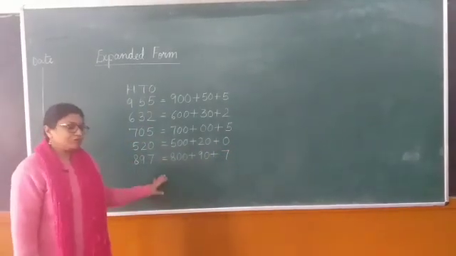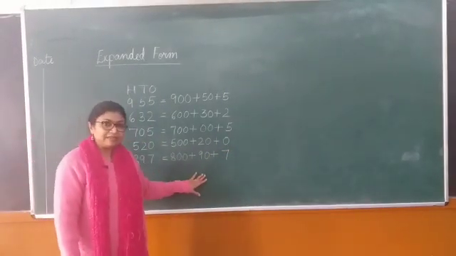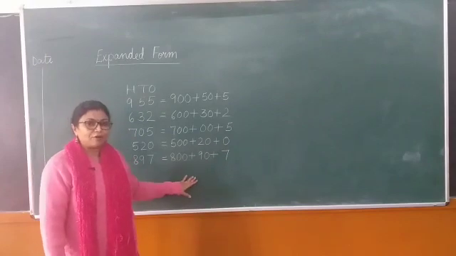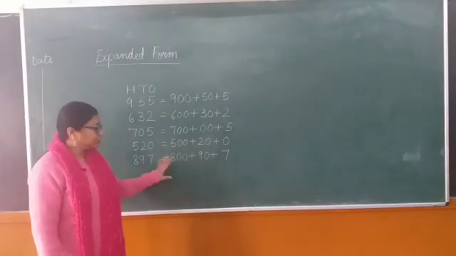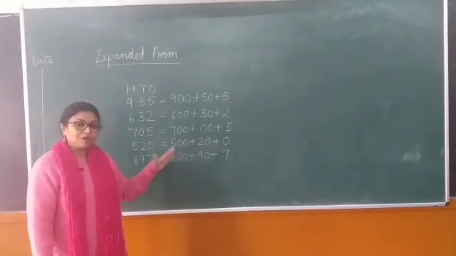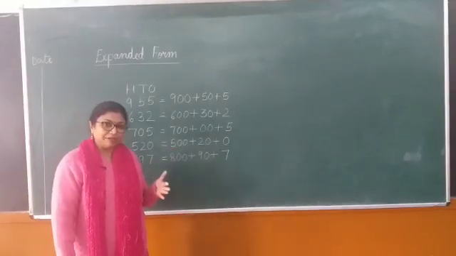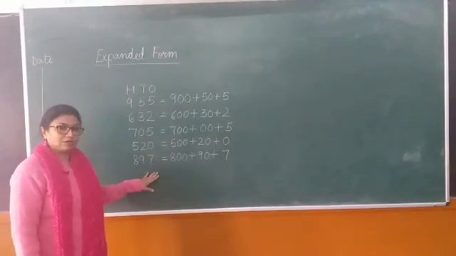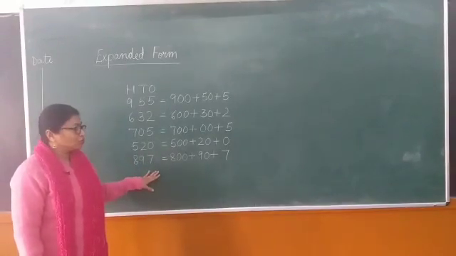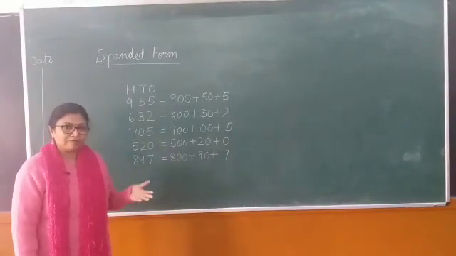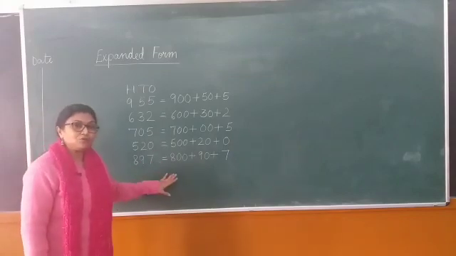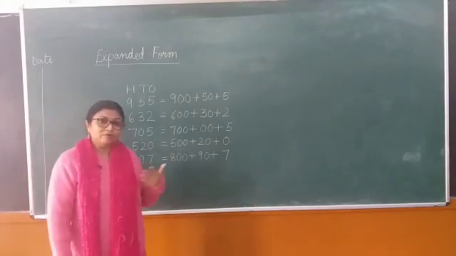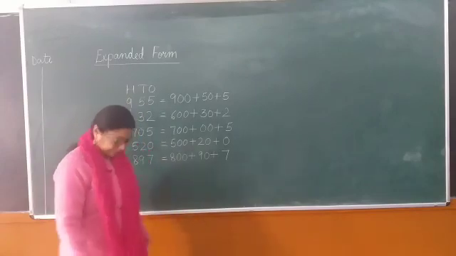Have you understood this boys? This is very, very easy, because we have done expanded form in our half yearly also. This is just a revision, because we are going to start some topics that have been covered in the previous terms. We are going to cover those topics. So this is just a revision of what we have done, so that when ma'am gives you work, you are well versed how to do your work.